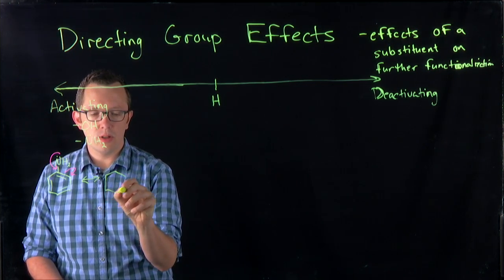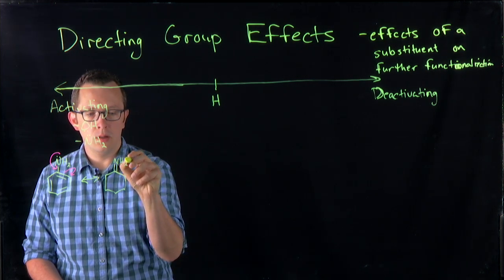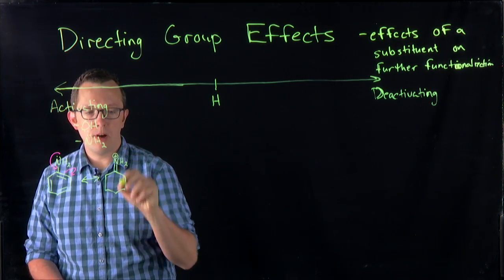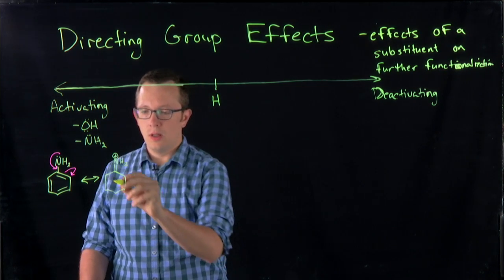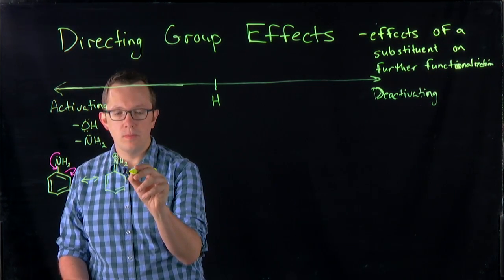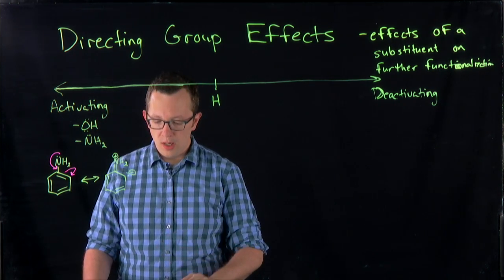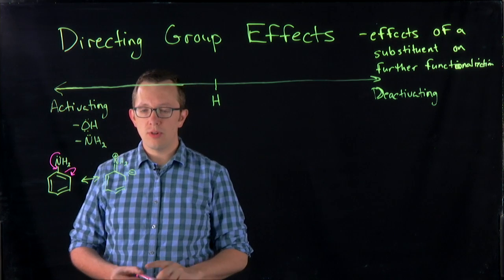So our new resonance structure will have a positive charge on our nitrogen, and we're going to put a lone pair on this carbon, right? And that's going to have a negative charge. All right? And we can keep going, drawing resonance structures around the ring.